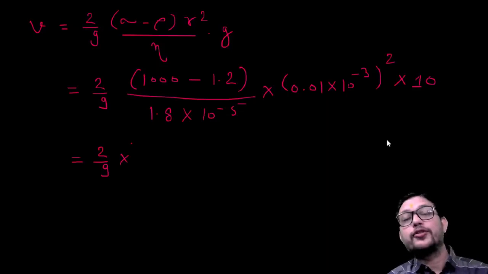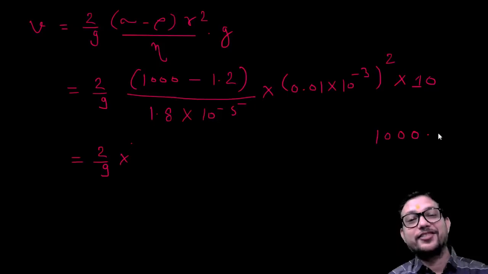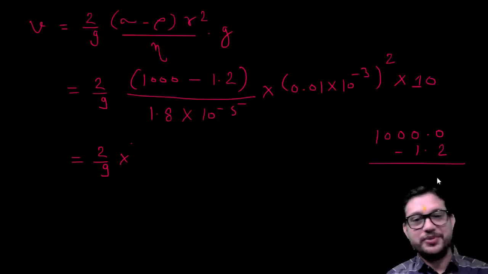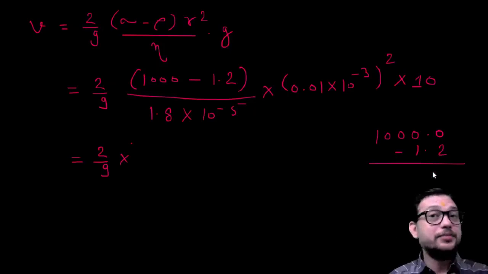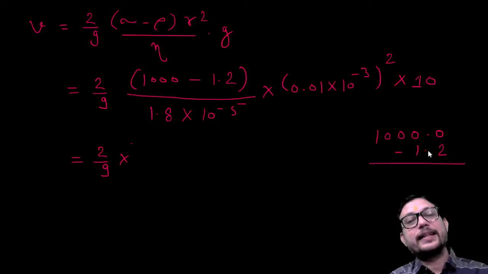Few of you are unable to subtract, as I have already found that few of you have some problems. So when we have to subtract numbers with decimals, the pattern is like this way.